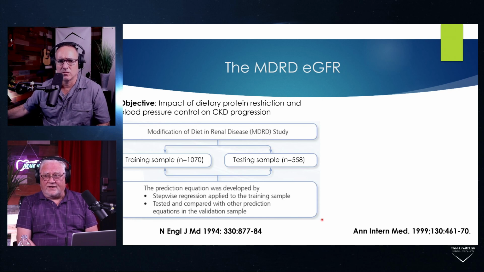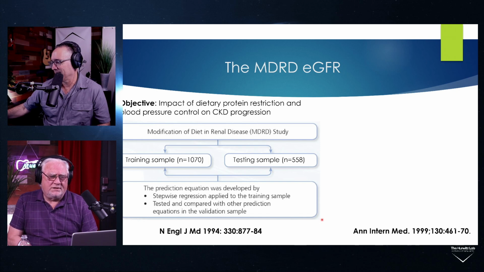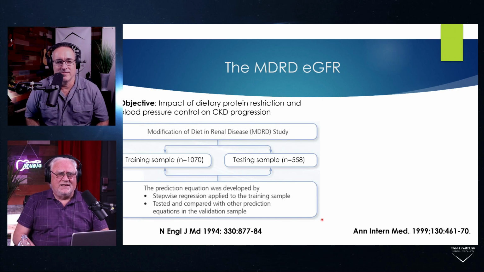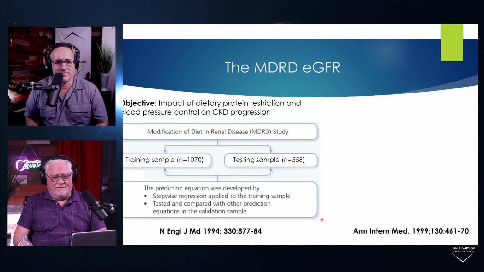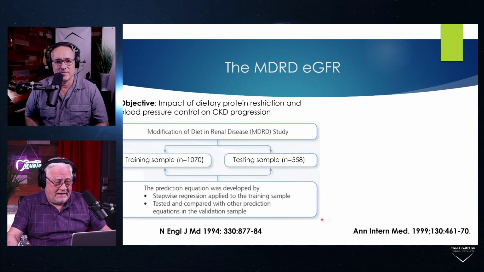So it struck them that they could do regression analysis of all this data and see if they could develop an equation that would predict the likely GFR in an individual just from the serum creatinine and other factors that described the patient. And it worked pretty well.